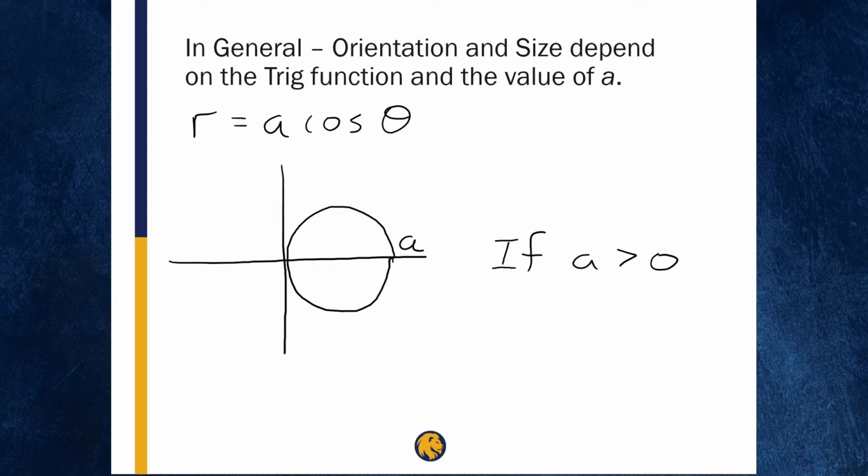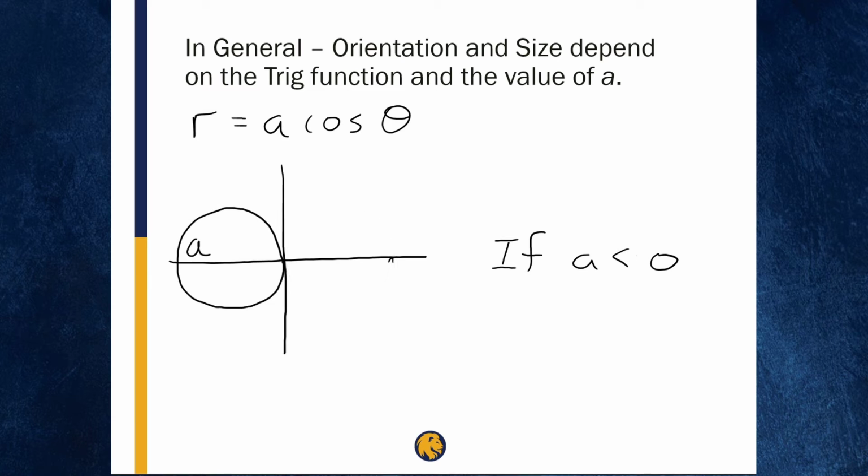So for instance, r equals a cosine theta will create the graph of a circle in polar coordinates, and if a is greater than 0, that circle will show up on the right side, and the distance away from the origin to the furthest part out on its diameter will be a. And so the circle is more or less located on the right side of what we would normally consider the y-axis in rectangular coordinates, and is centered along the x-axis.